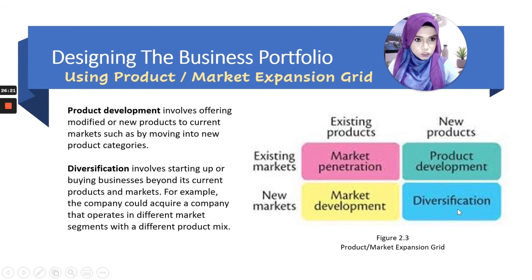A good example is Under Armour. Under Armour is a sports brand. All this while, they have had apparel and also some sports attire, and some equipment. I'm not so sure whether they have sports equipment or not, maybe yes.